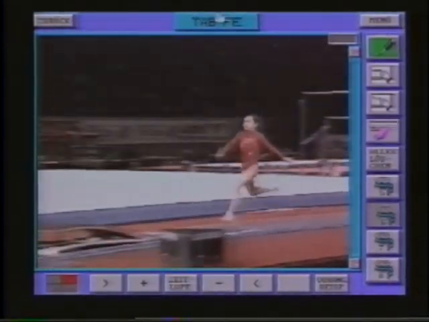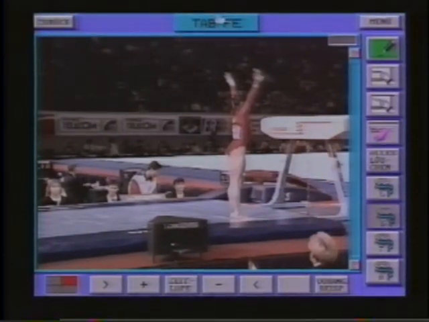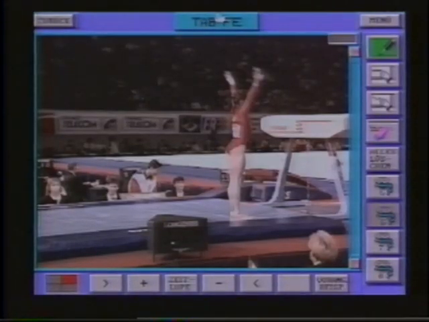Further examples, vault, first, question for the course participants, how much is the deduction for the landing?